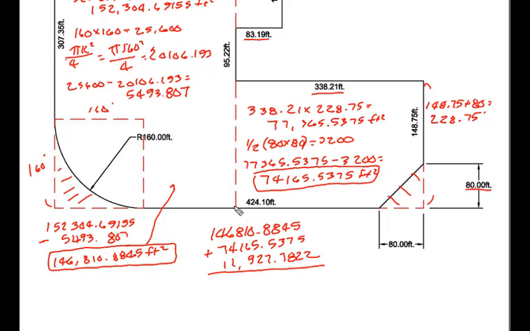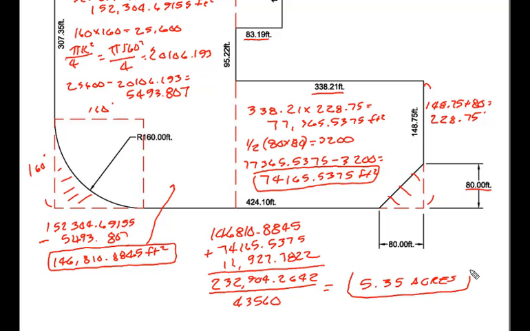That gives us a total area of 232,904.2642, and we wanted that area in acres. We know that there's 43,560 square feet in an acre, so that tells us that we have 5.35 acres. And that's our final answer.